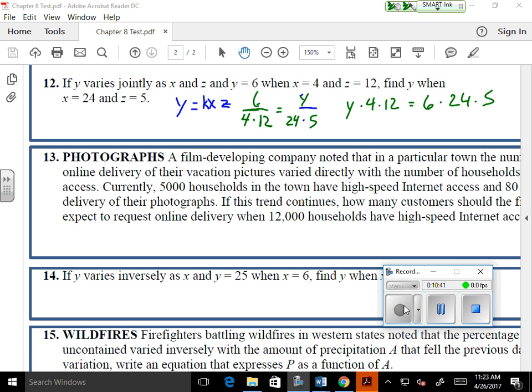So you would need to simplify that down. 6 times 24 times 5, all divided by 4 times 12 is 48. Put that in your calculator. Then you'll get the value of y. I believe it is 15.